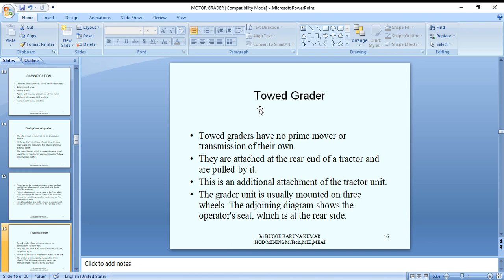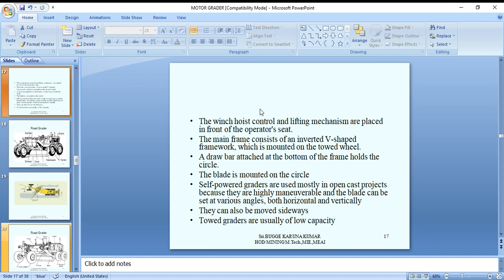These are mostly not used in open cast mining, but for other particular fields. Most of our mines use self-propelled motor graders, in which hoist control and lift mechanism are placed in front of the operator seat. The main frame consists of an inverted V-shaped framework mounted on tandem wheels. A drawbar attached at the bottom of the frame holds the circle, and the blade is mounted on the circle.